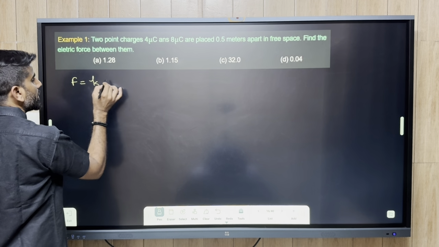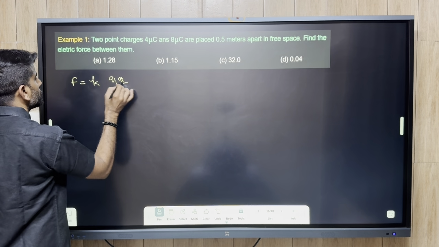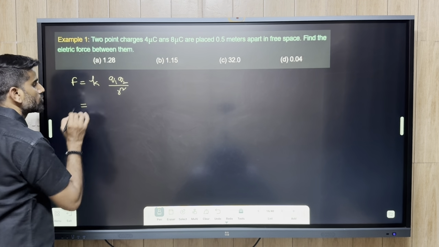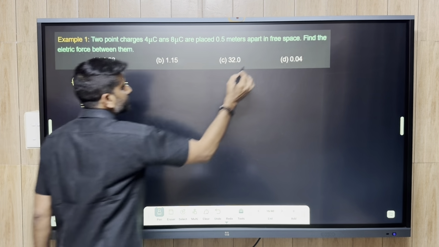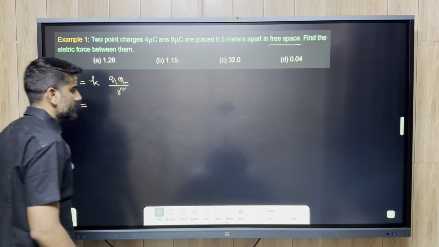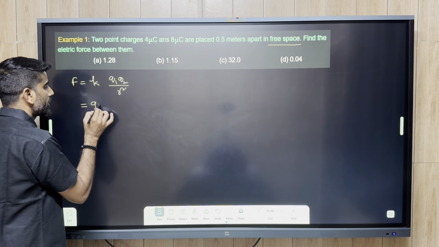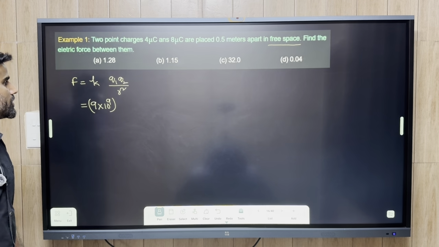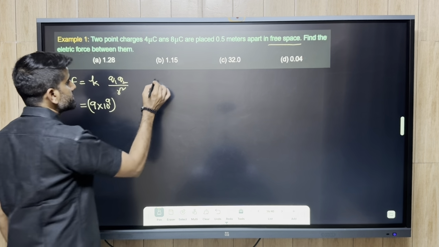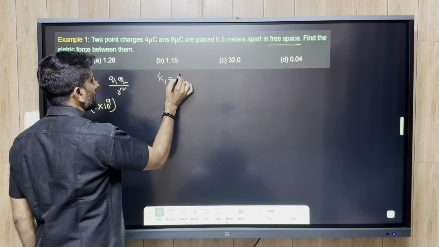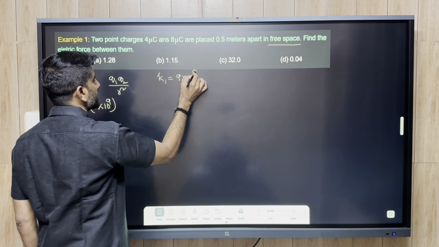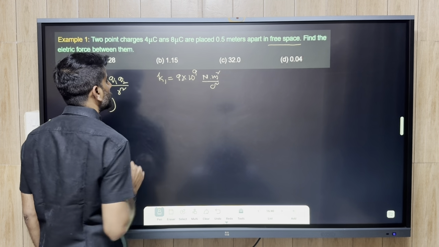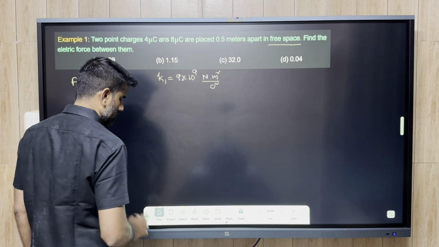F is equal to K Q1 Q2 upon R square, and we know the value of K when the two charges are placed in free space. This K value is 9 times 10 to the 9 Newton meter square per Coulomb square, which we have already discussed.